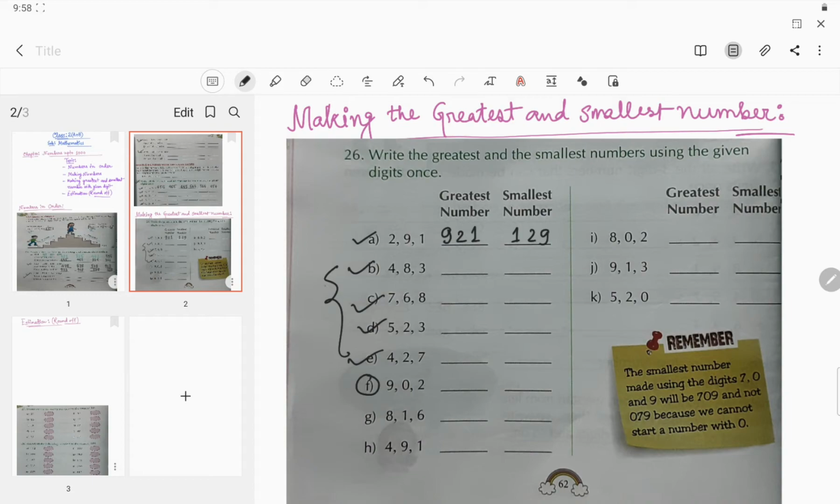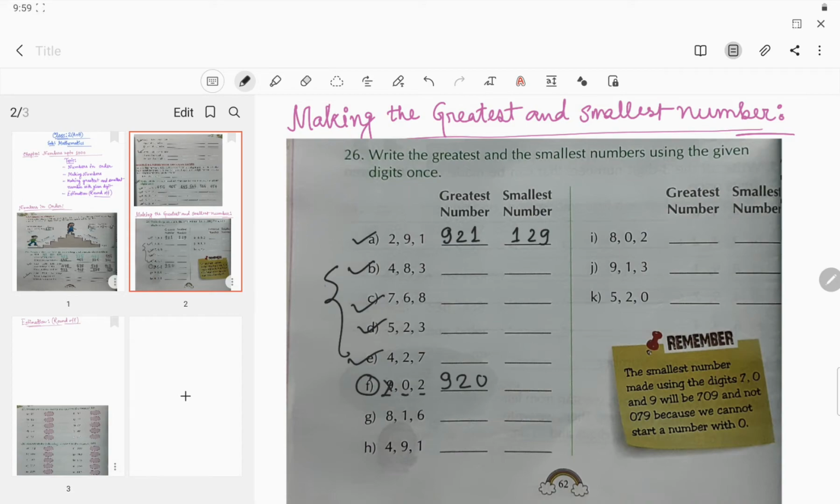Now F number, here the digits given are 9, 0 and 2. When you are making the greatest number, it is easy, nothing new to remember. At first find the greatest digit, it's 9, then cross out and find the greatest among the remaining digits, it's 2, then 0.